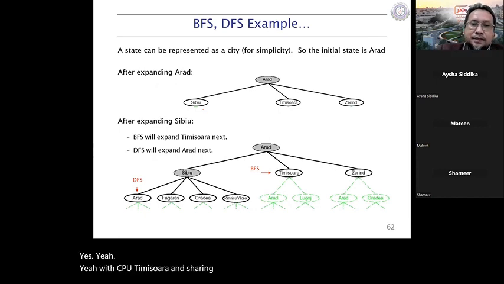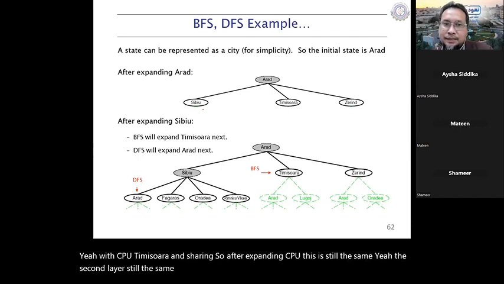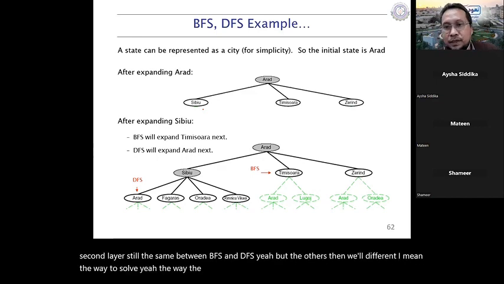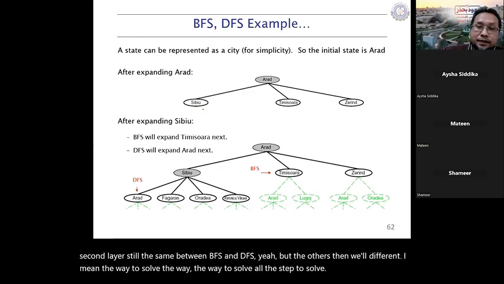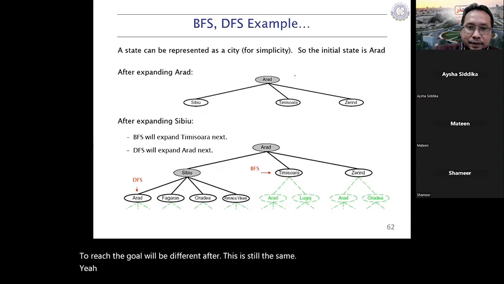So after expanding Arad, the second layer is still the same between BFS and DFS. But after this, the way to solve, or the steps to reach the goal, will be different. This is still the same for BFS and DFS.